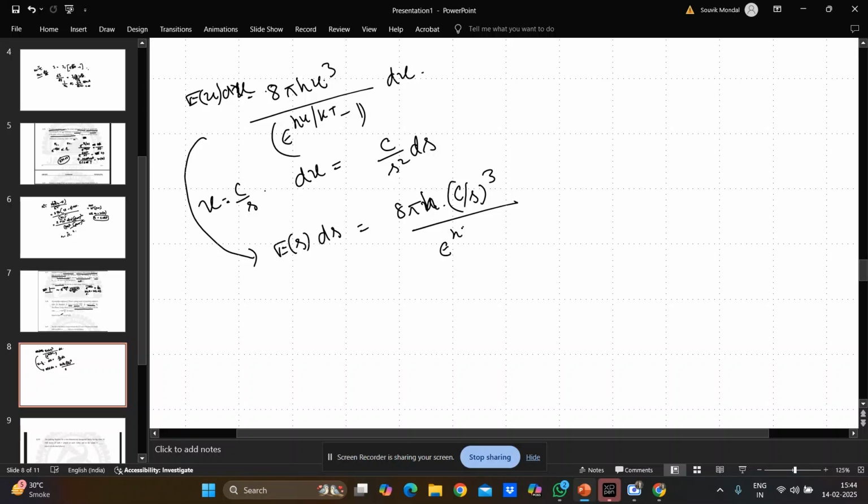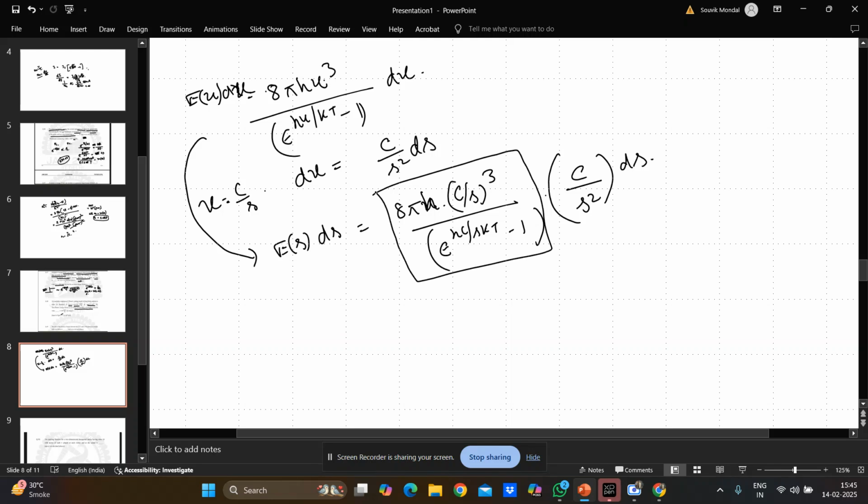There is e to the power h c by lambda kT minus 1, but there is an extra factor of c by lambda square into d lambda. So the E lambda will multiply, this is basically E nu, and there is an extra factor of c by lambda square multiplying here. This is the thing you should do.